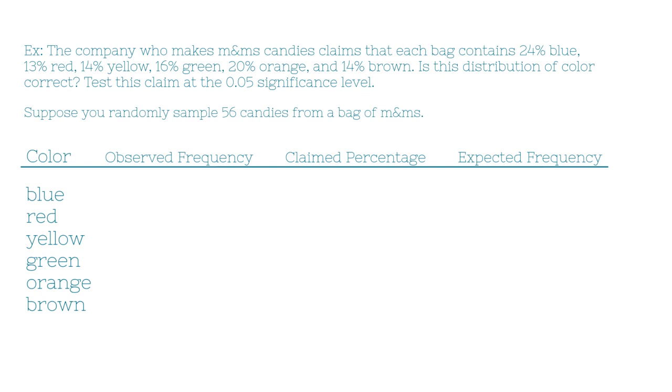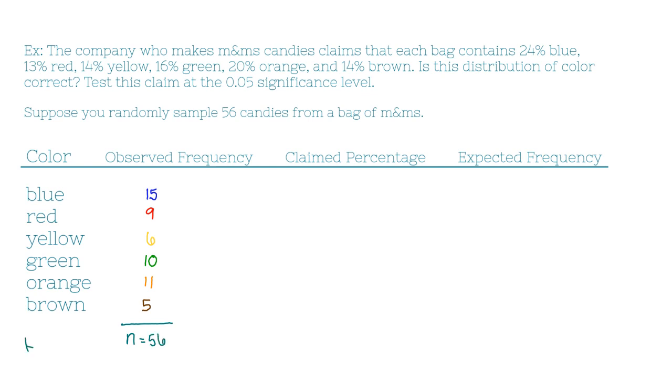Once we count each color, we are going to write the quantity for each color under our observed frequency. So here's the counts that we've come up with. 15 blue, 9 red, yellow, we have 6, 10 green, 11 oranges, and 5 browns. So when we add all of these together, we get our total sample size N, which is 56.